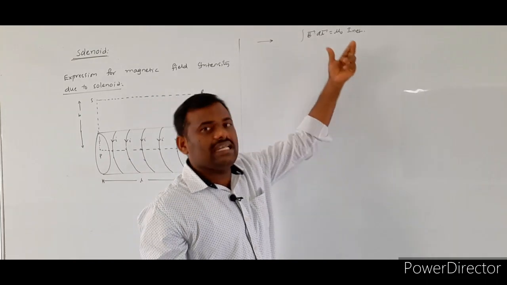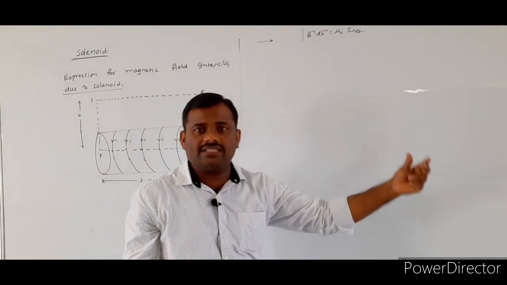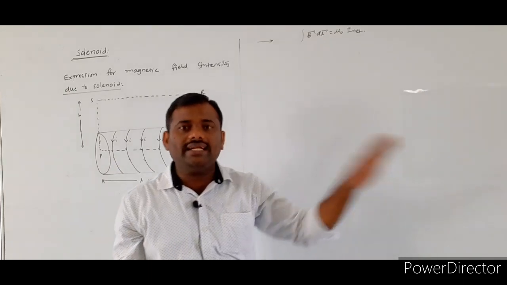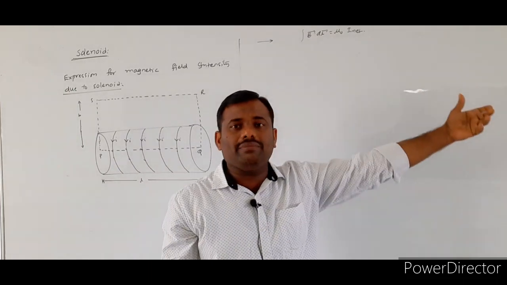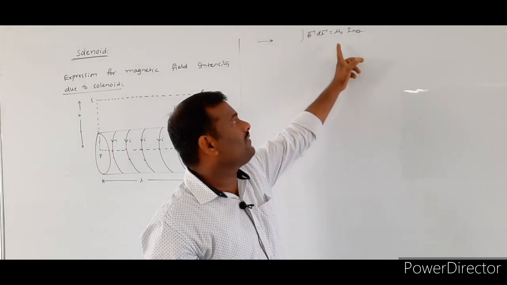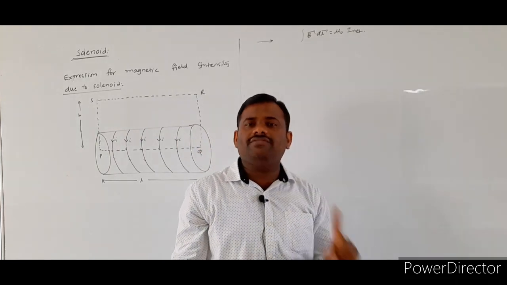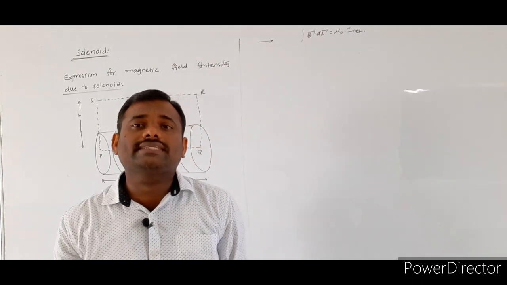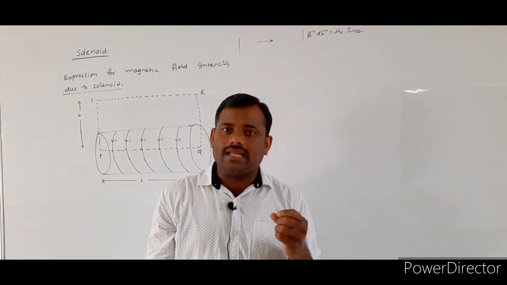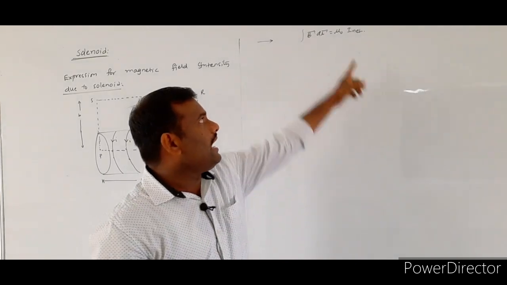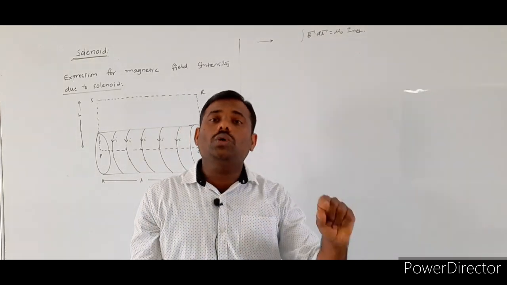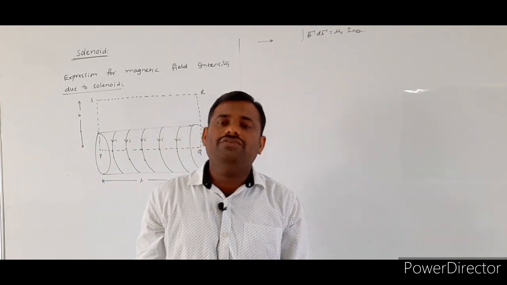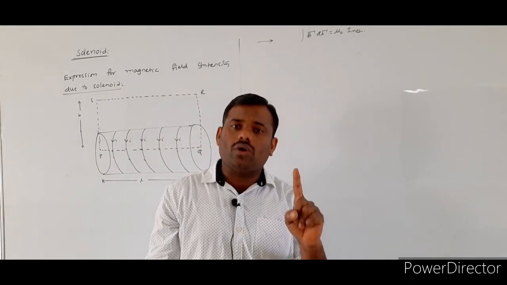First we will define the value of the right side term. Mu naught is the permeability of the given medium, which is a constant value. And what is the meaning of I net? In the last class, while discussing the derivation of Ampere circuital law, we told that I net gives the total amount of current passing through the given closed loop.